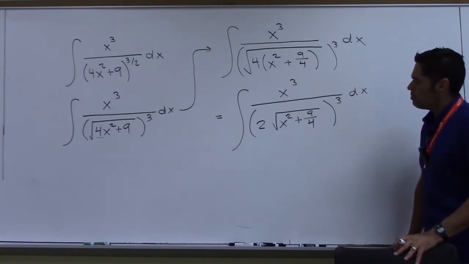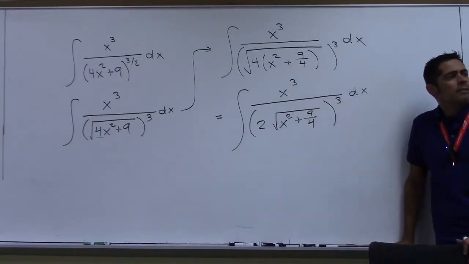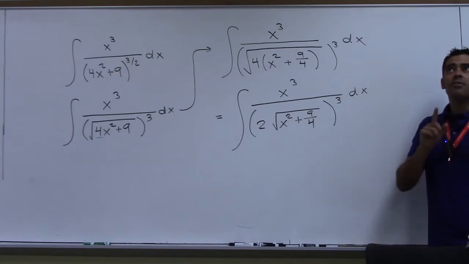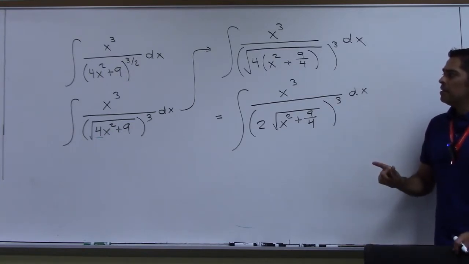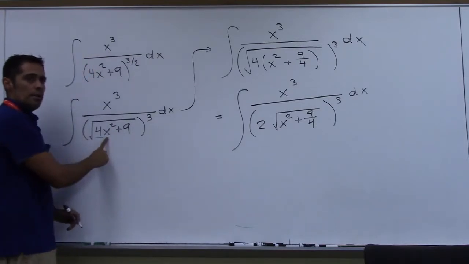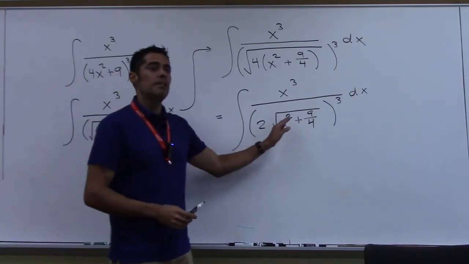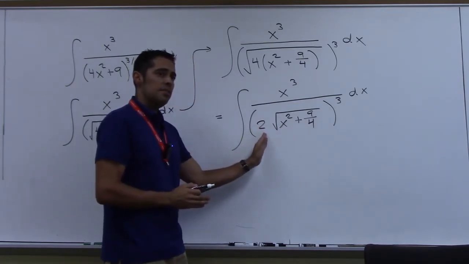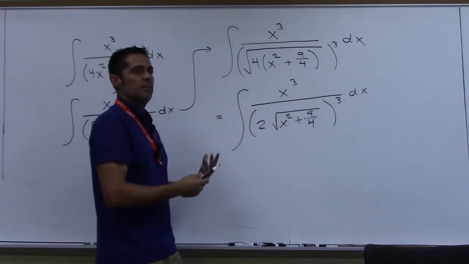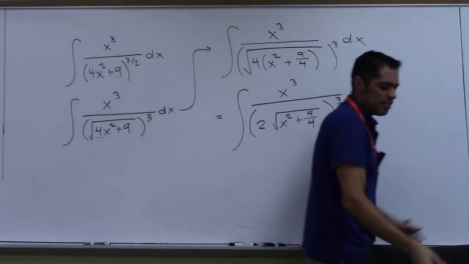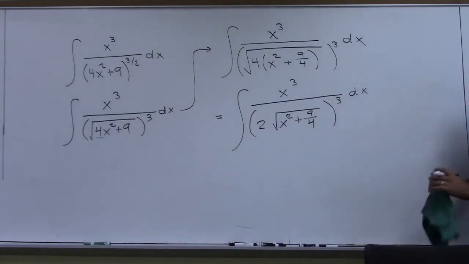I can't do x equals a tan theta until the number in front of x squared is a 1, which it is now. Yes, I could do that now, but I realize this is a constant, and I'm just going to try to get it out of here. You could do your substitution right here, though. I just don't like the constant. It kind of bothers me being there.